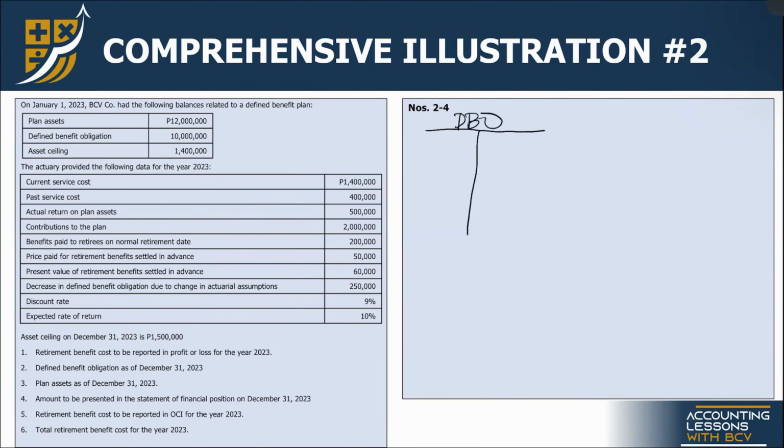So, for DBO. Okay? So, beginning balance niya, guys, January 1, 2023, 10 million. Next, interest expense. Magkano nga ulit yung interest expense natin sa kanya kanina? Is that 900K? Okay? Next, current service cost, past service cost, latag natin.